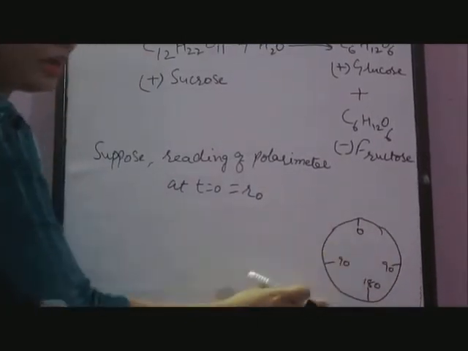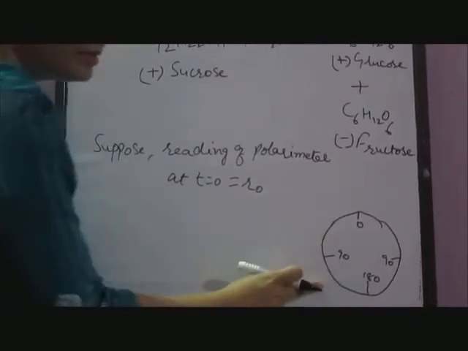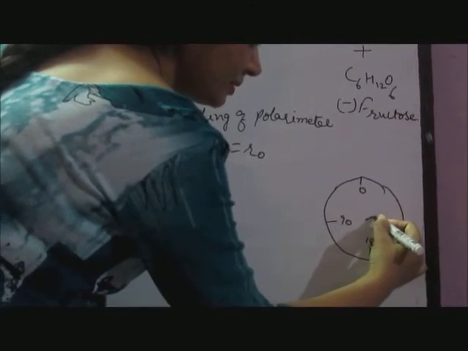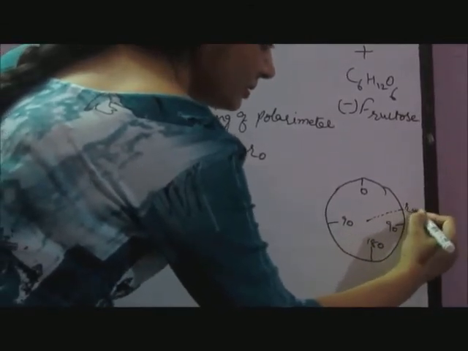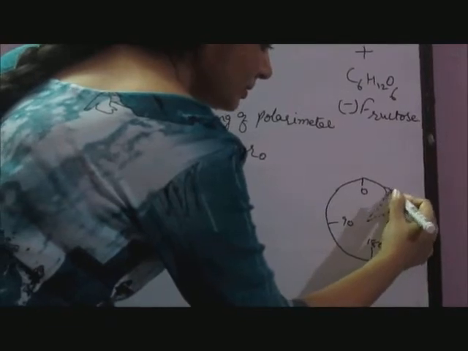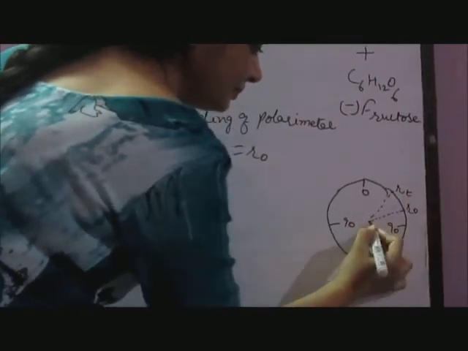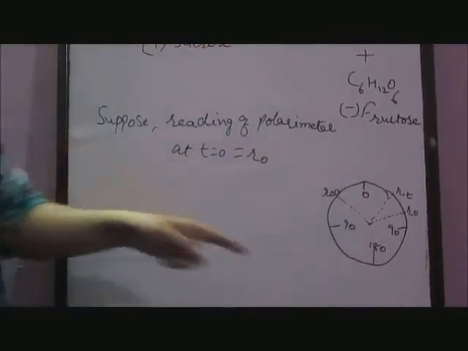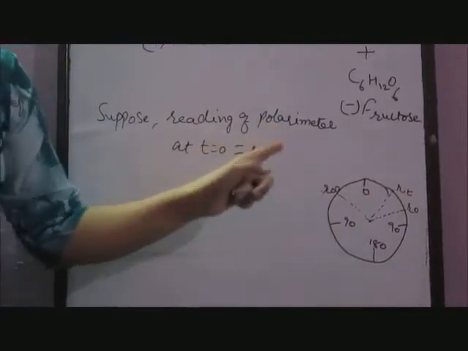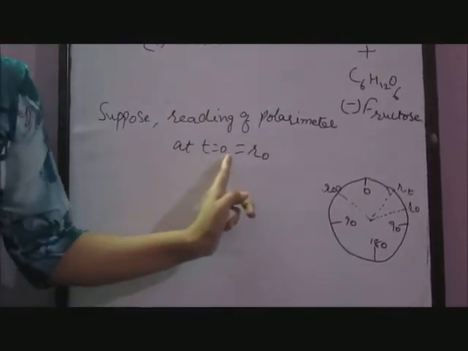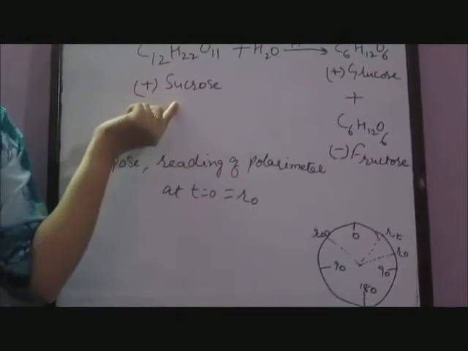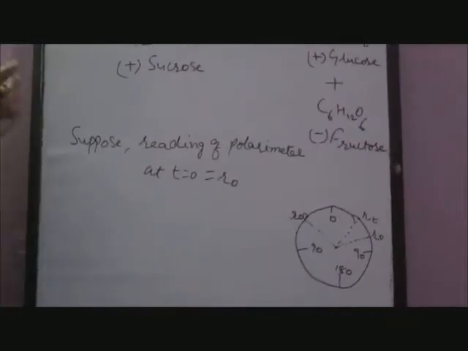This is a scale of polarimeter showing angles of rotation 0, 90, 180 and 90. Here R naught is the reading of polarimeter initially, that is at time t is equal to 0. It is positive because sucrose is dextrorotatory.